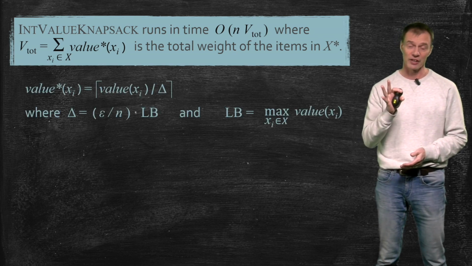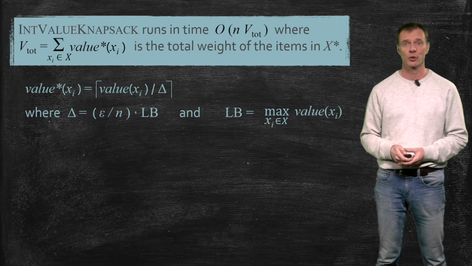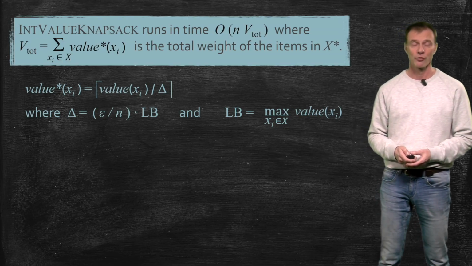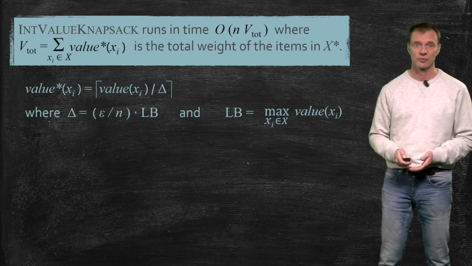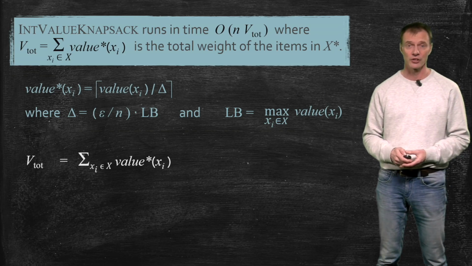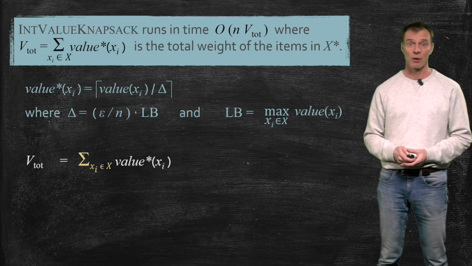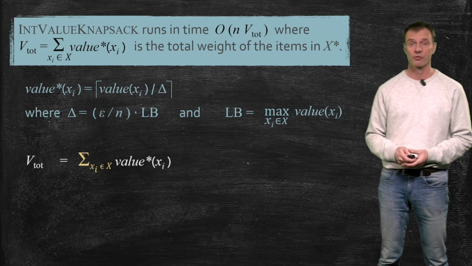Remember that x star had value star, which was defined as the value divided by delta, rounded up, where delta is epsilon divided by n times lower bound, and lower bound is the maximum value of any of our items. Now, let's see if we can bound the total value of our items in x star. This is simply equal to the sum over all the items of value star.